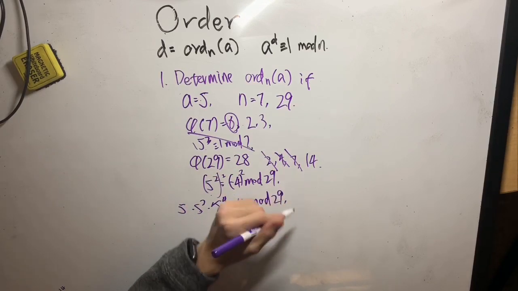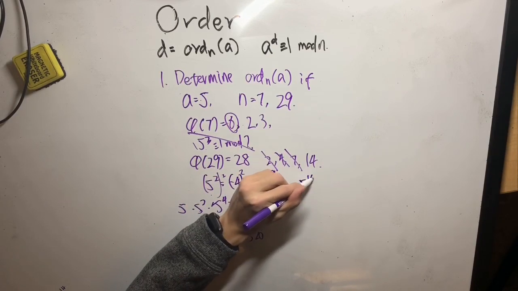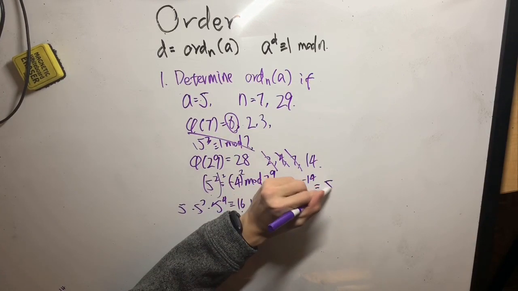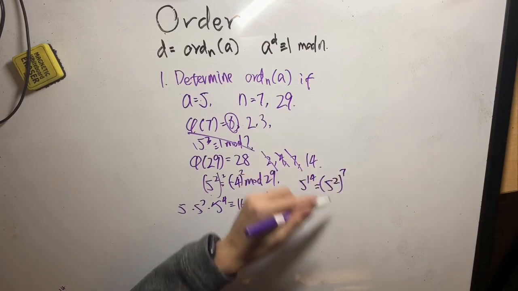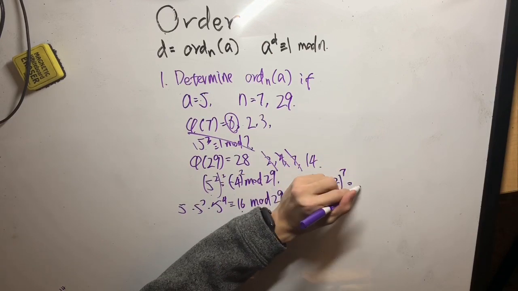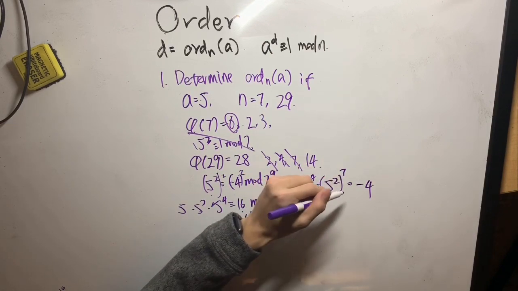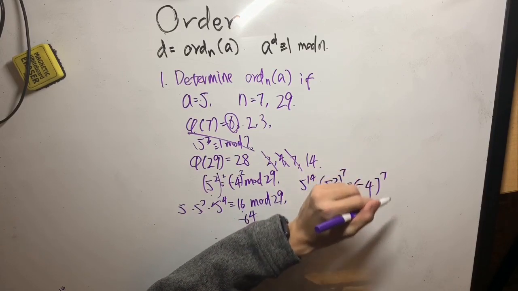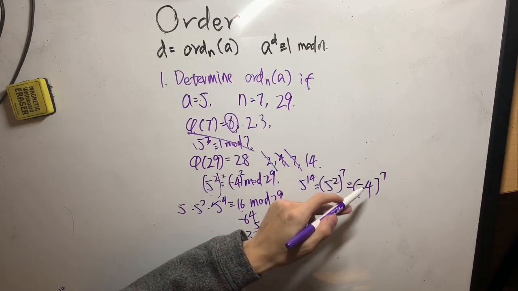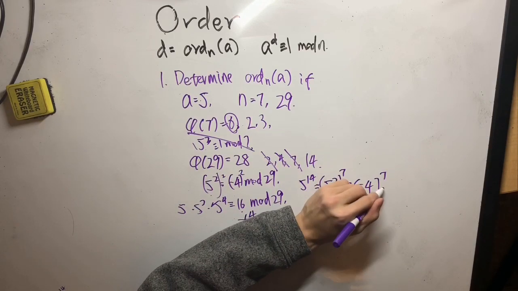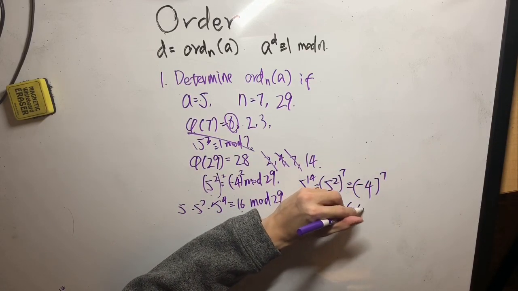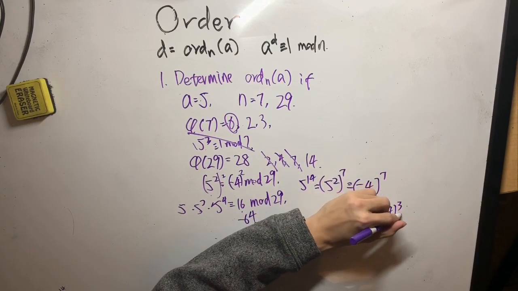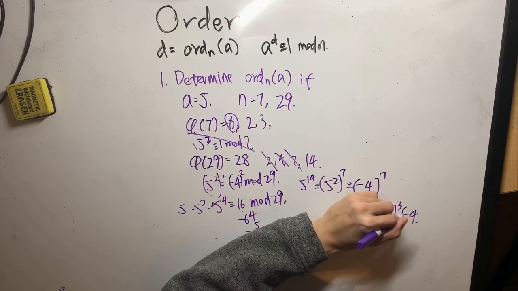Now let's look at 5 to the 14th. 5 to the 14th equals 5 squared to the 7th, which equals negative 4 to the 7th. And negative 4 to the 7th equals negative 4 to the 3rd times negative 4 to the 3rd times negative 4.